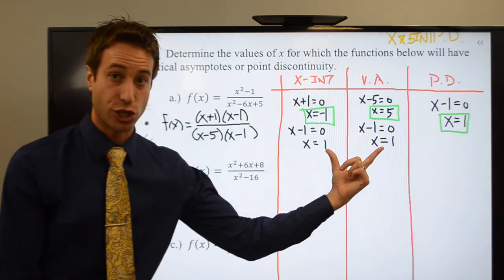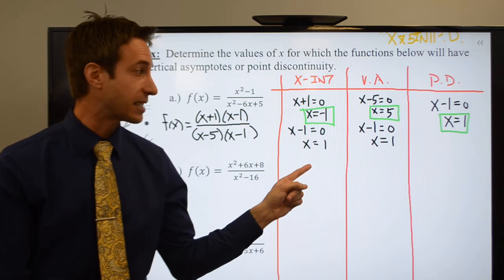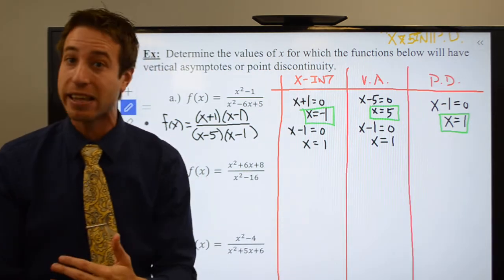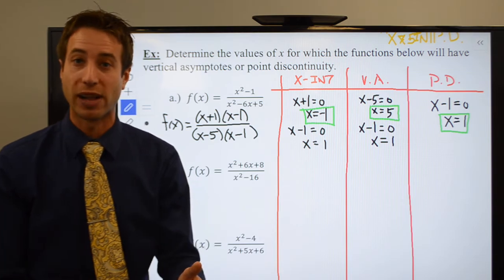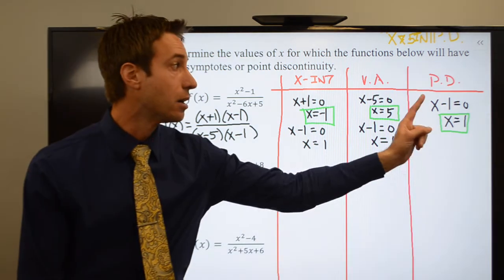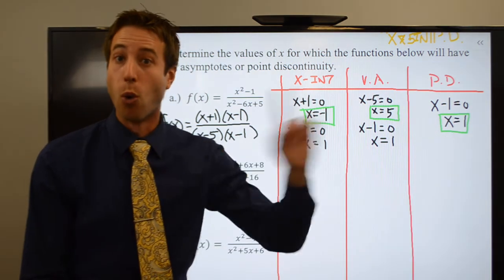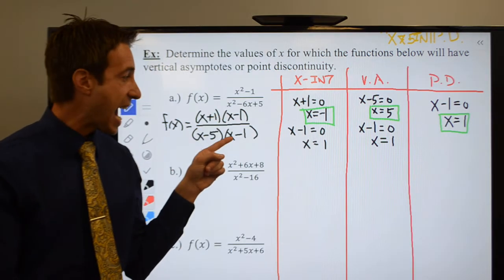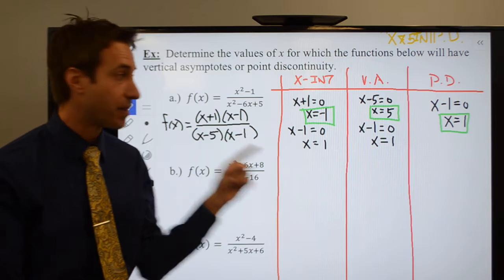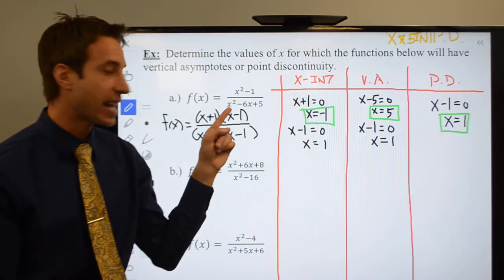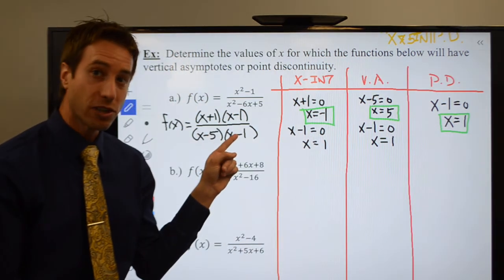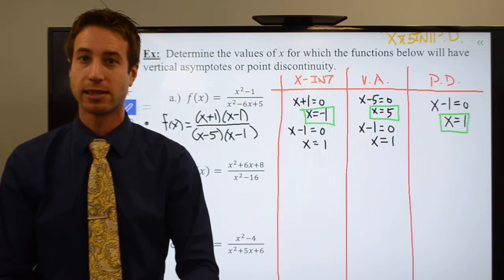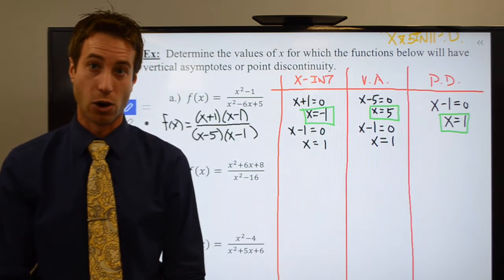Any value that shows up both as an x-intercept and as a vertical asymptote is actually neither. It is in fact point discontinuity. Why? Because x minus 1 is in the top and x minus 1 is in the bottom. If I plug in a positive 1, I get 0 over 0, which means the function does not exist. And on a graph, that's going to be a hole.